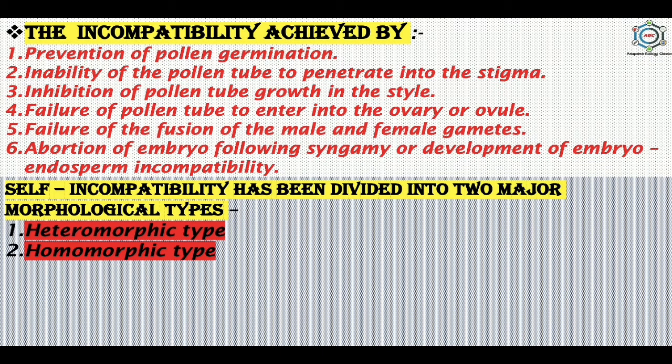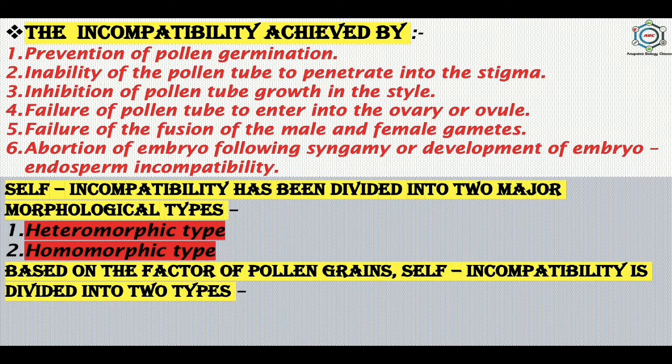Heteromorphic is where two or more morphologically distinct mating types occur within a species, which can be recognized without a breeding test, while homomorphic is where the two or more mating types within a species are morphologically indistinguishable and require a proper breeding test. So these are some differences between the heteromorphic and homomorphic types of self-incompatibility.